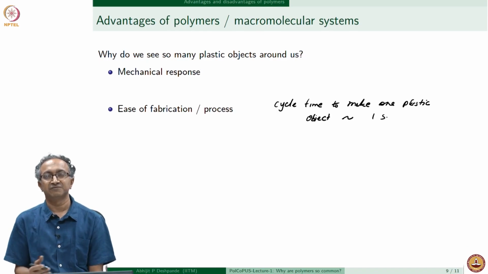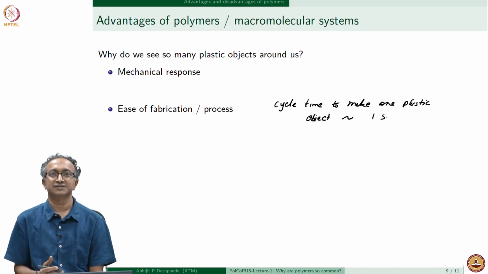Otherwise, you have to make 10 different parts and assemble them into a complex product. In this case, we can see a toy which has different materials and slightly different colors, and all of this can be done using a molding operation in a very low amount of time.